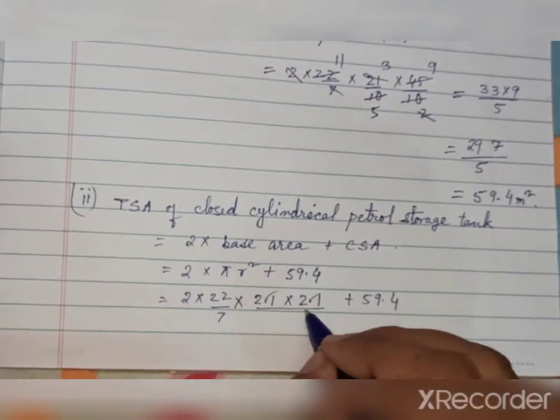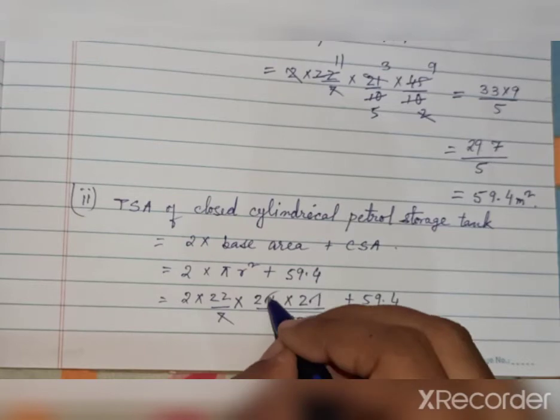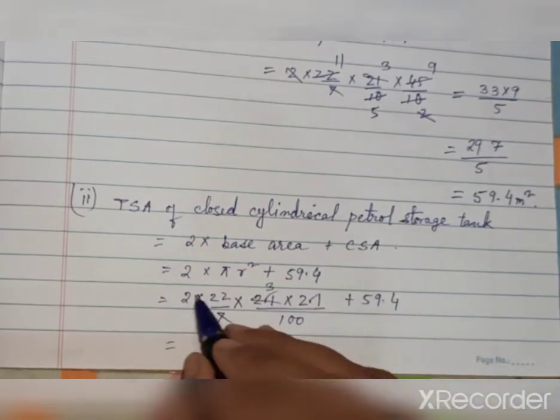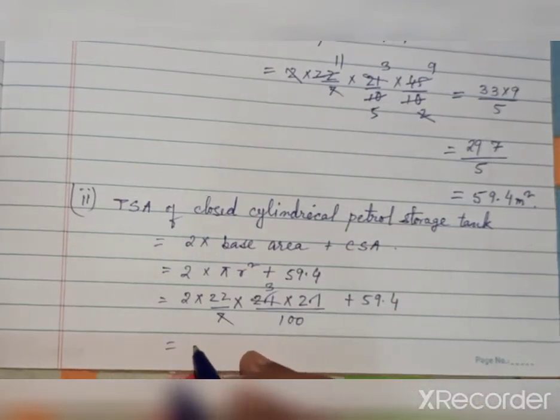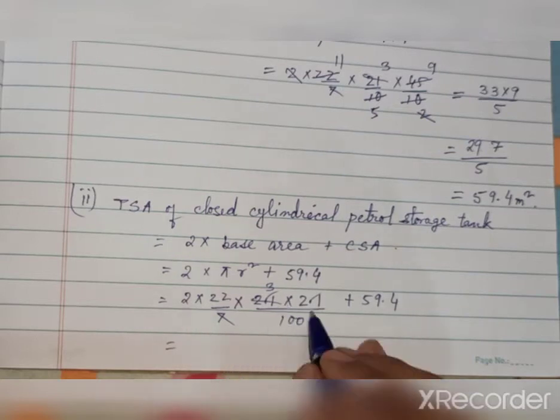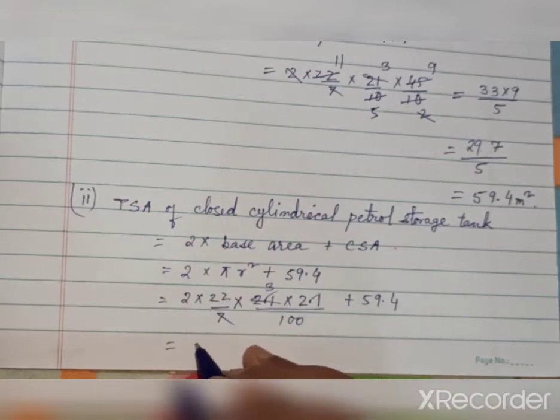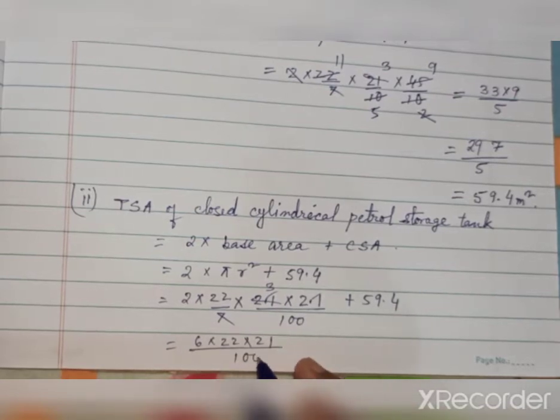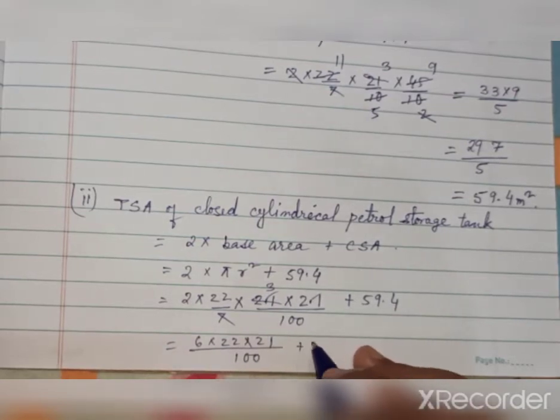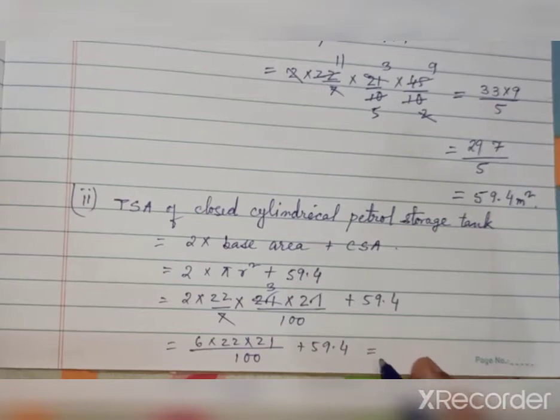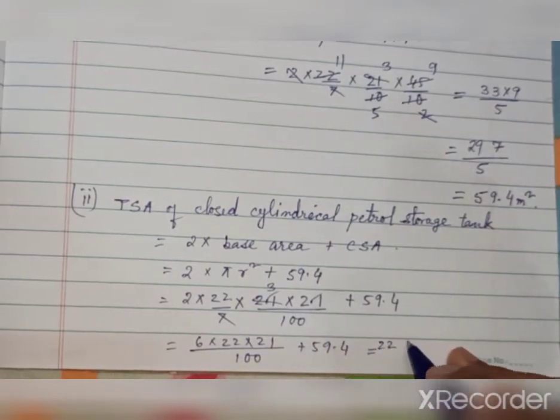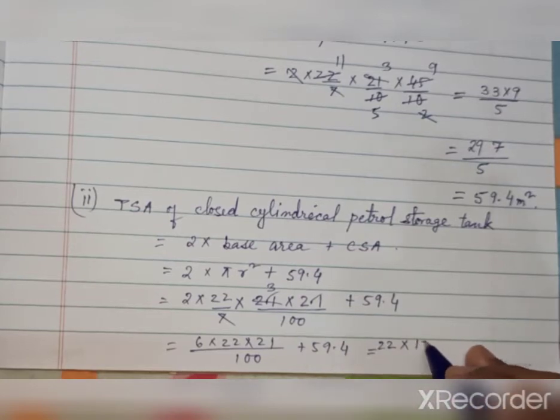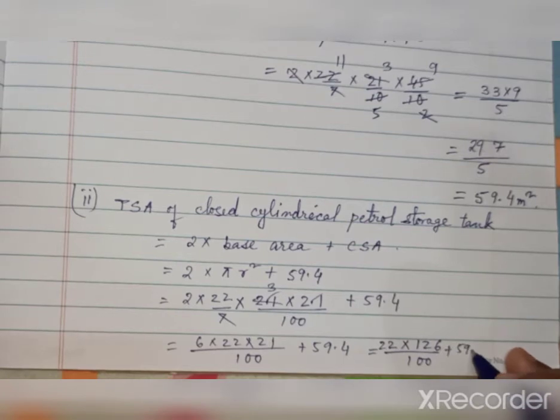So just remove the decimal, 7 and 21 give 3. So if you multiply there, that is 6 into 22 into 21 upon 100 plus 59.4, and after multiplying, we are getting 22 into 126 upon 100 plus 59.4.